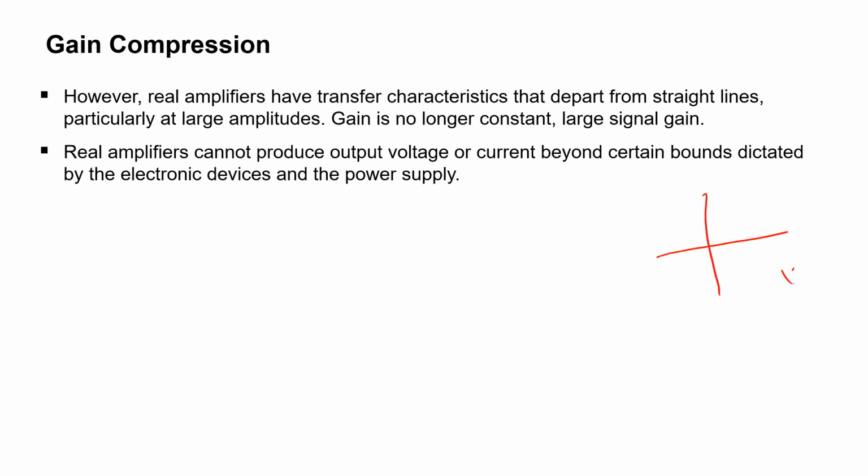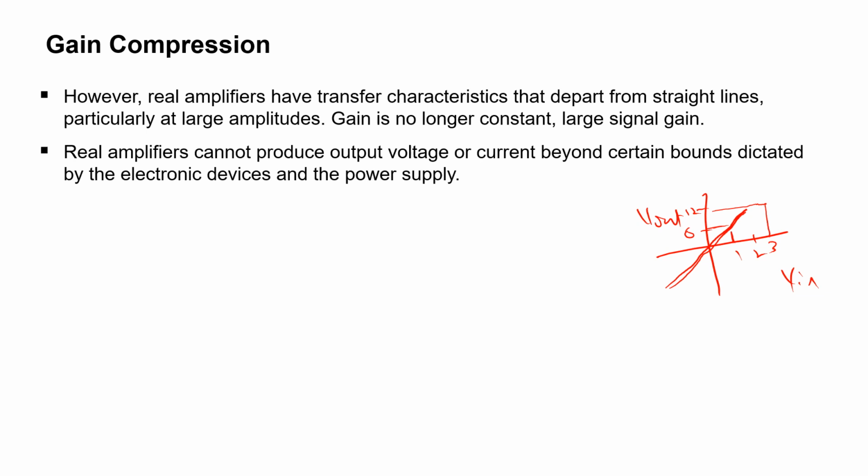So for example, if I have V in and V out, and my amplifier has a pretty nice gain, for a given value of V in it gives me a very high value of V out. Imagine the scale here is small. For example, this is 2, this is 6 and this is 12. For an input of 3, I am getting 12. For 1, I am getting 6.